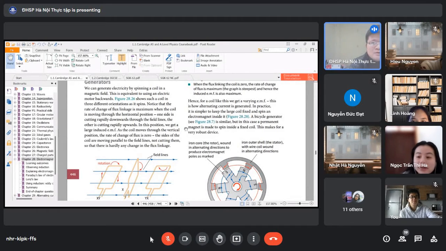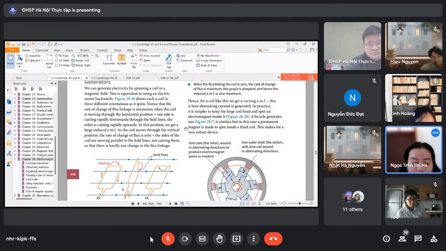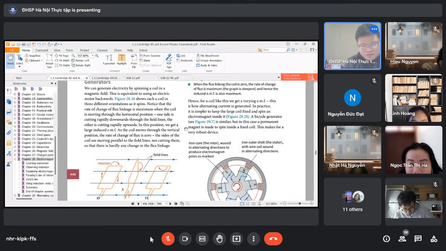Do vậy, for course like this, there's a varying map. Do đó đối với một cuộn dây như thế chúng ta có thể nhận được những suất điện động khác nhau. Từ nhớ lớp cao mà để thầy điều chỉnh cho tiếng Anh thì nó thừa quá.